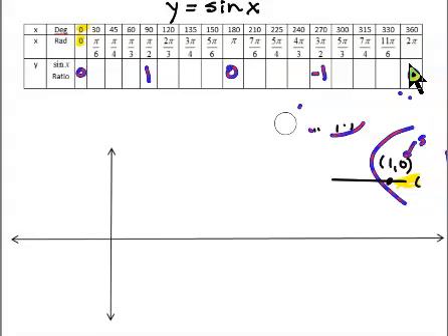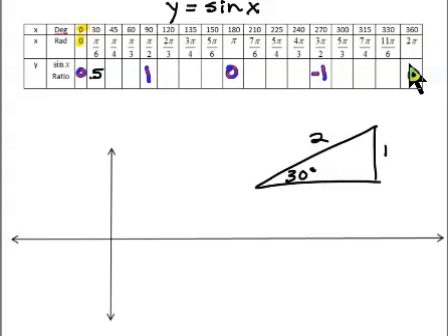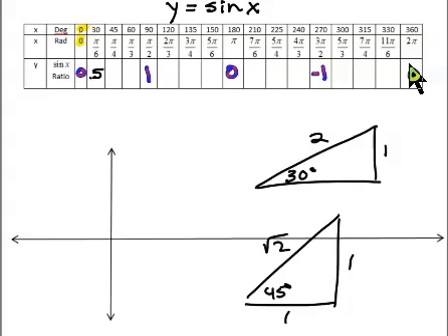Well, then, of course, what we had been doing before is we do triangles. So if we wanted to find the sine of 30 degrees, again, you don't have to draw these triangles. Sine of 30 degrees is opposite over hypotenuse for sine. Well, 1 over 2 is the same as 0.5. Then if we went on to a 45-degree angle in the first quadrant, and we did opposite over hypotenuse, 1 over square root of 2.